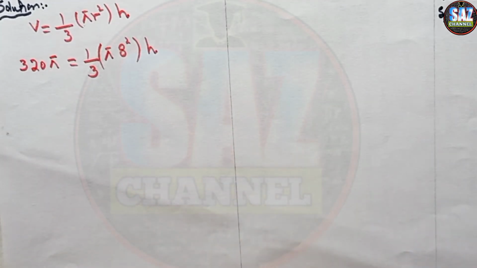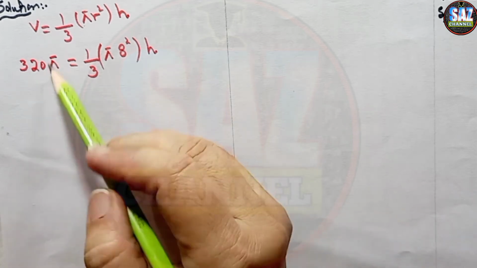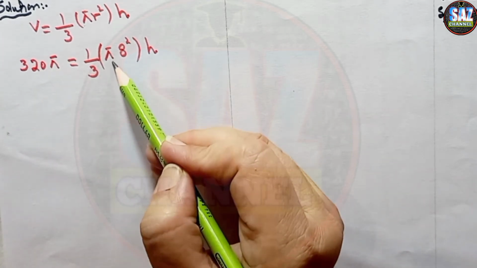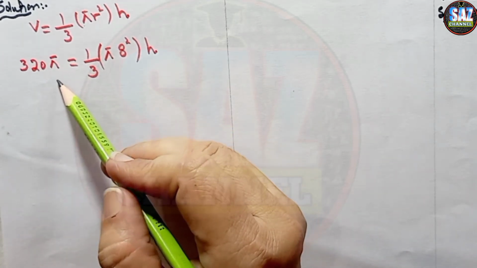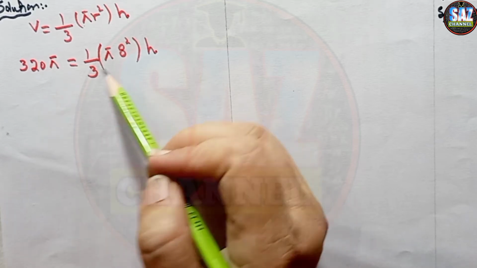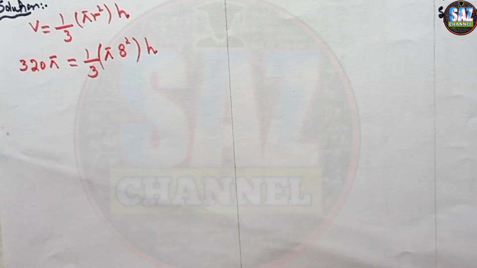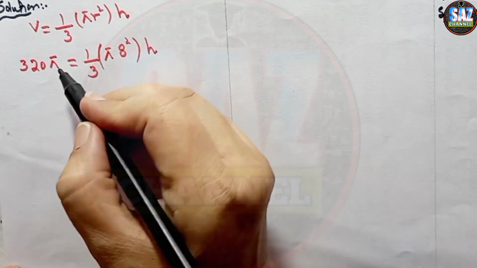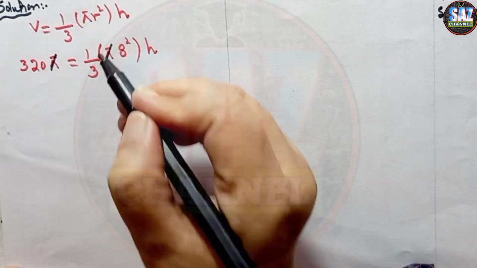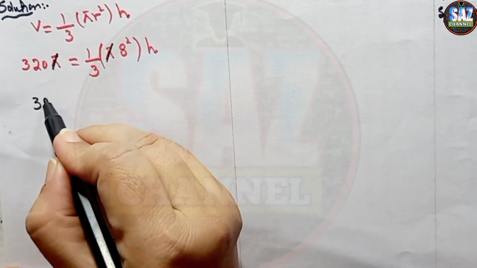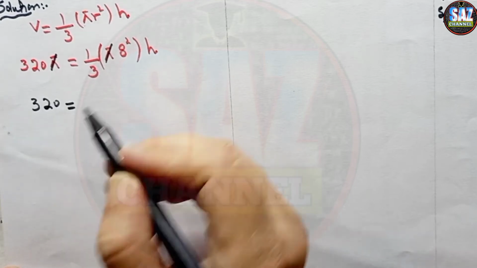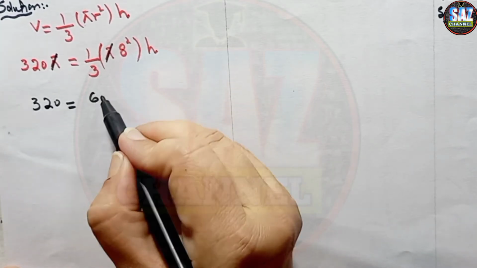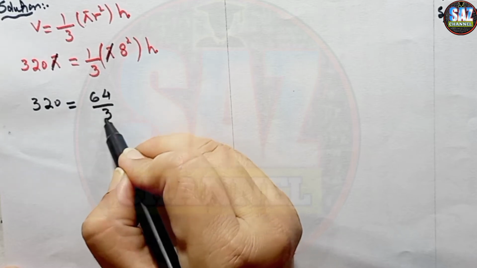Now look, we are having pi on both sides, so I always ask my students to learn to make the calculation easy before moving to the exam. So we can simply cancel this pi with this pi, and equation will take the form 320 equals to 8 square is 64 by 3 into h.